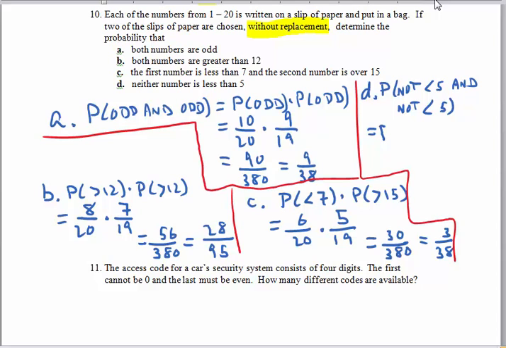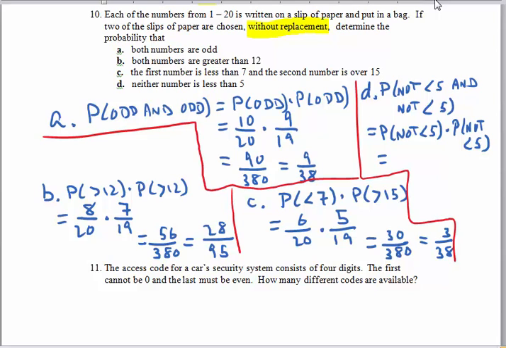So that would be the probability of a number not less than 5 on the first selection times the probability of a number not less than 5 on the second selection. Right? I'd multiply those together.